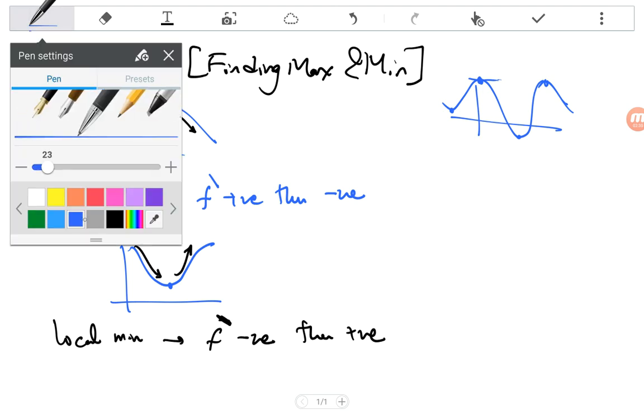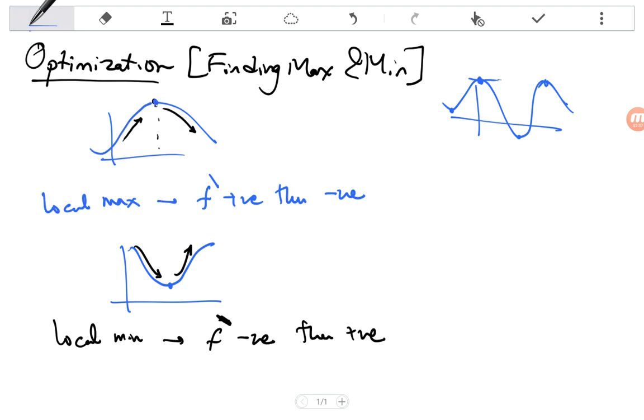Let's first define what a local maximum or a local minimum is. These points are called local minimum or local maximum. These are local maximums, these are local minimums, and these are local maximums. Why are we calling it local maximum? There is another kind of maximum, called absolute maximum and absolute minimum.